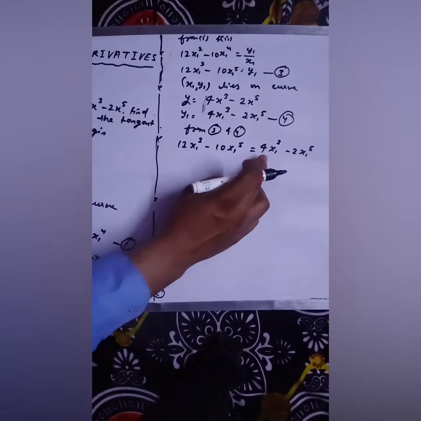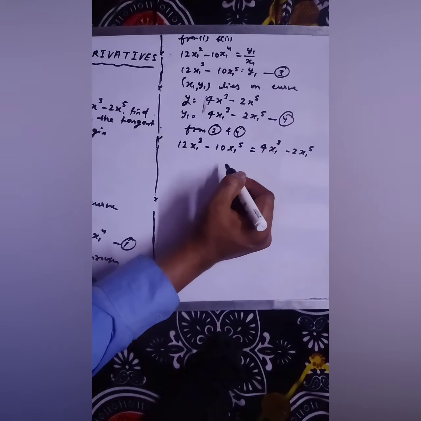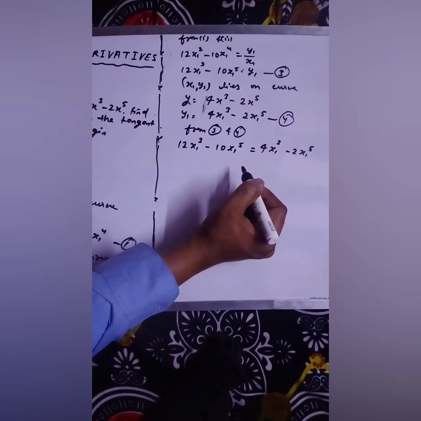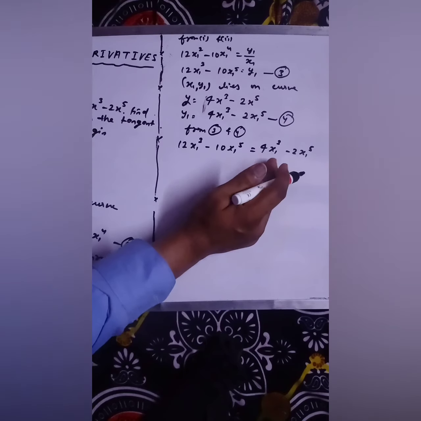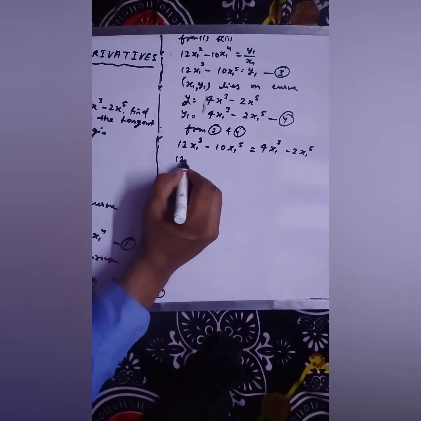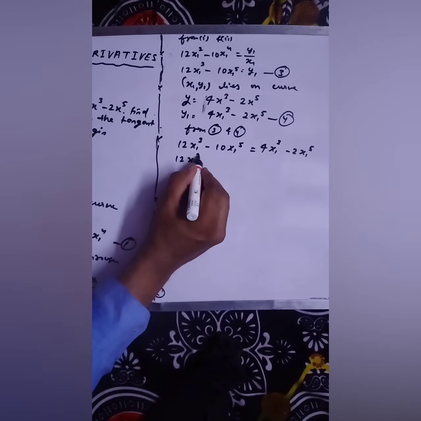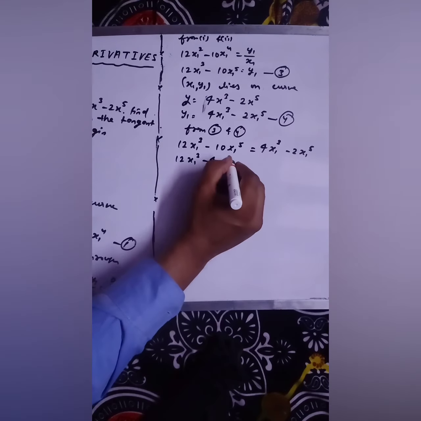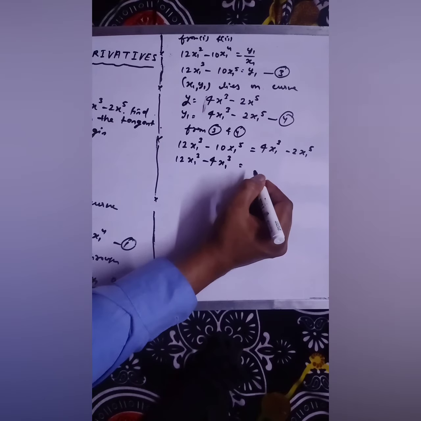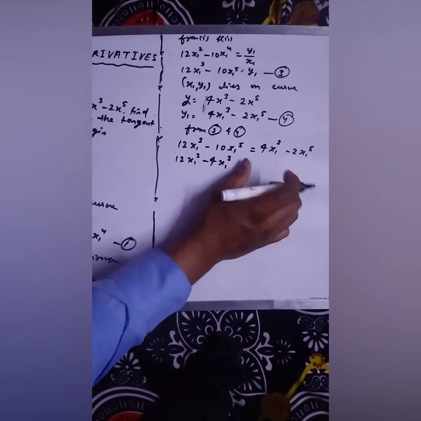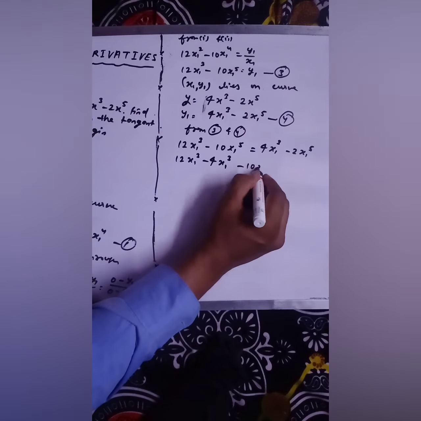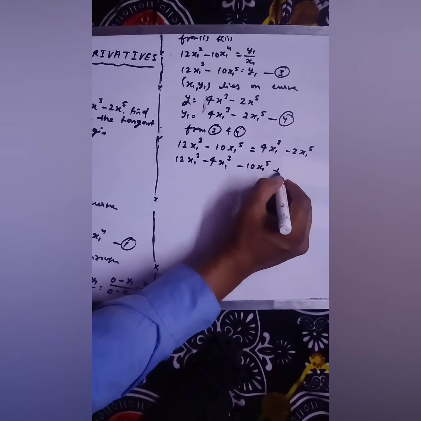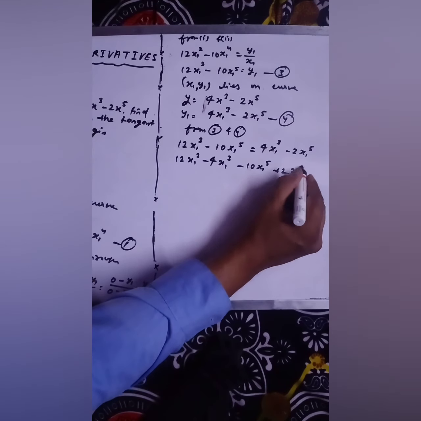Now we are writing 12x1 cube minus 4x1 cube minus 10x1 plus 5 plus 2x1 minus 5 is equal to 0.